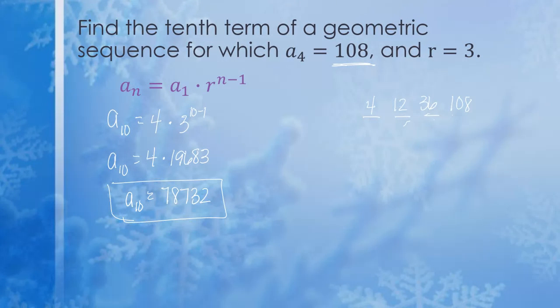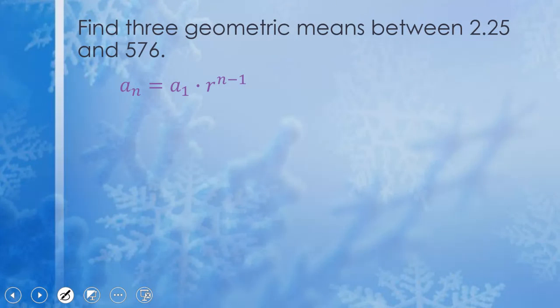And there we go. So geometric sequences are very similar to arithmetic, except that we are multiplying instead. And the formula, again, looks a little different, okay? We still want to be able to find missing numbers. So if I have 2.25 and I have 3 geometric means between that and 576, I need to figure out what my R is so that I can then multiply to get those missing terms.